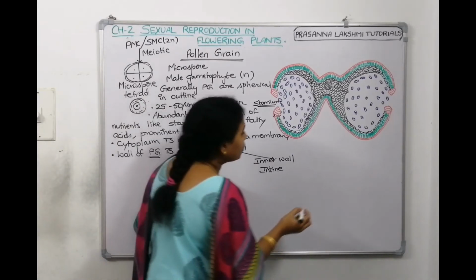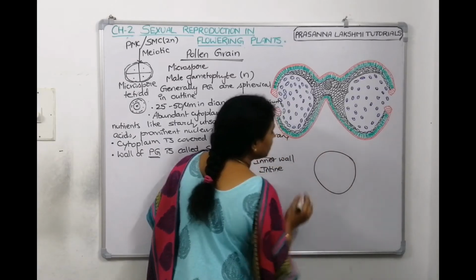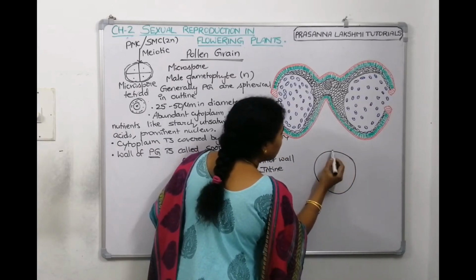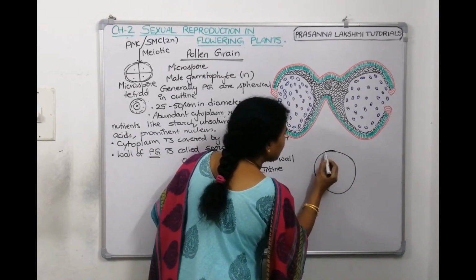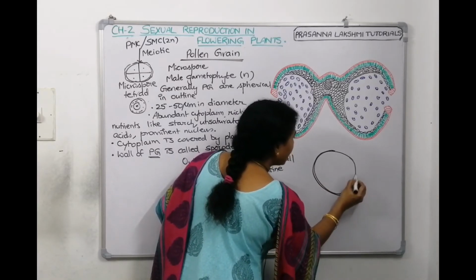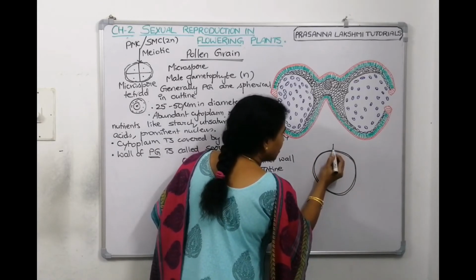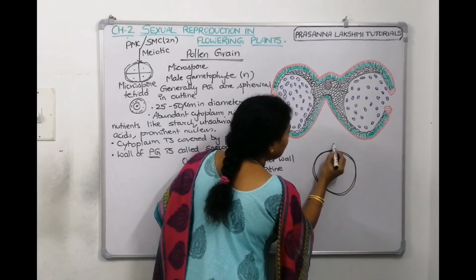Now, if we have to draw the picture in NCERT, they showed us this. This is the plasma membrane. Surrounding the plasma membrane, there is another layer. What is this layer inside? This is called intine. Now, it has exine also. This is the exine.